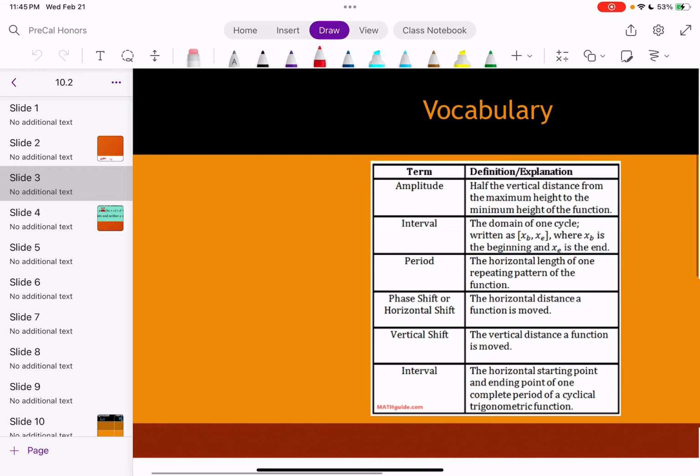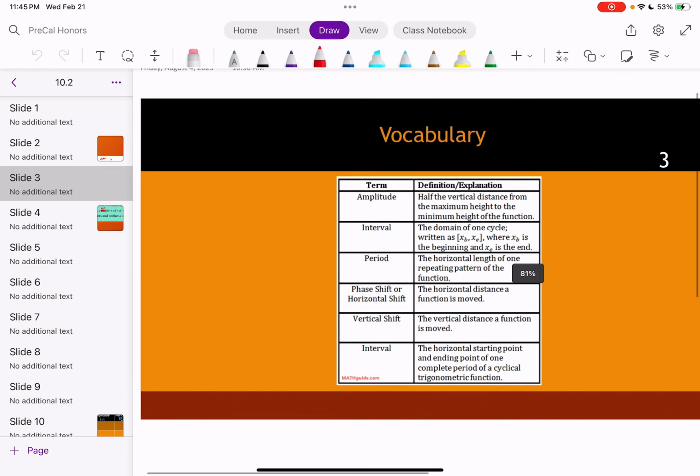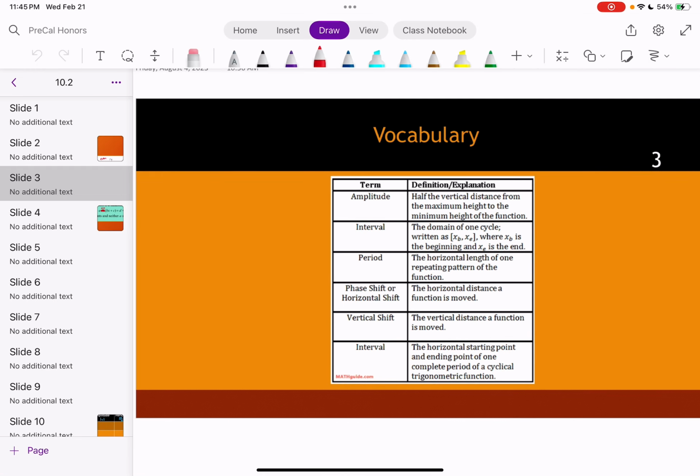In slide 3, we are here taking a look at the vocabulary. Now, for the vocabulary itself, it is the same as all the same vocabulary that was used to describe the sine functions. Our amplitude is still talking about the distance from the midline going towards the maximum height and the minimum height. Our interval is describing from the beginning to the end of one cycle of our cosine function.